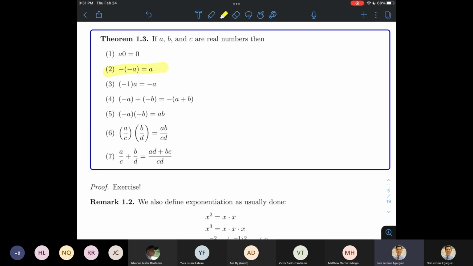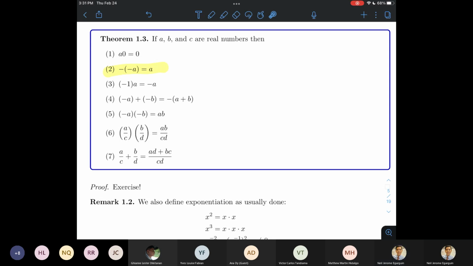In this case, you probably will think at first that this statement is telling us that multiplication by a negative sign to negative A will give us A, or multiplying negative 1 to negative A will give us A. But again, we don't know how to multiply yet. Because we don't yet know all the real numbers and we haven't been taught multiplication except the properties of multiplication. The actual carrying out of the process, we don't know yet.